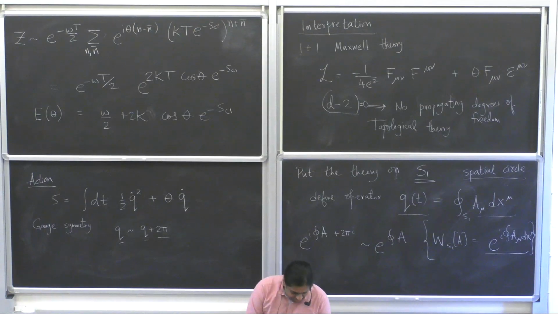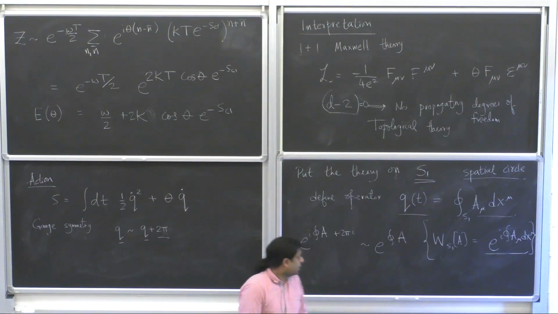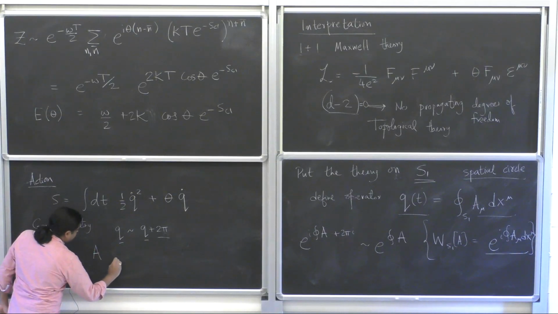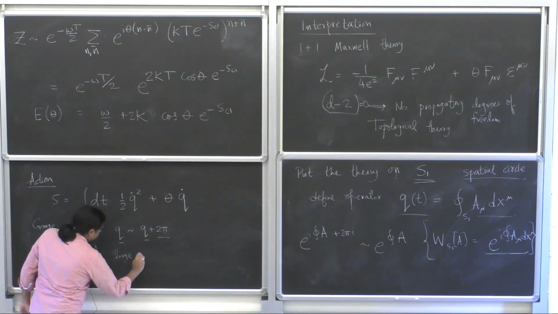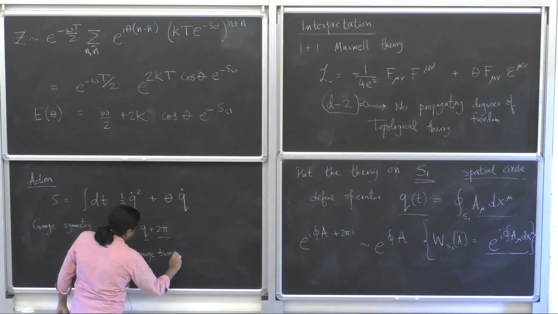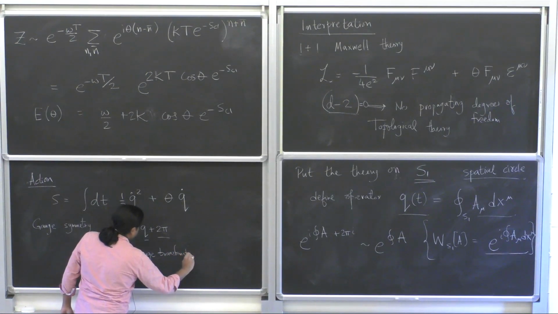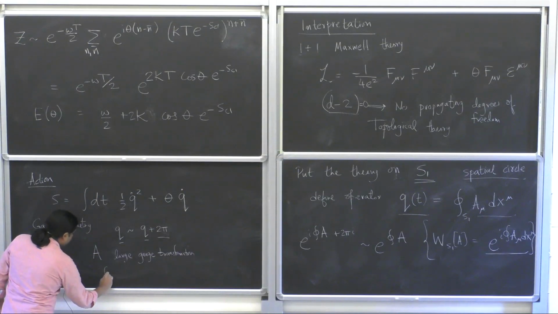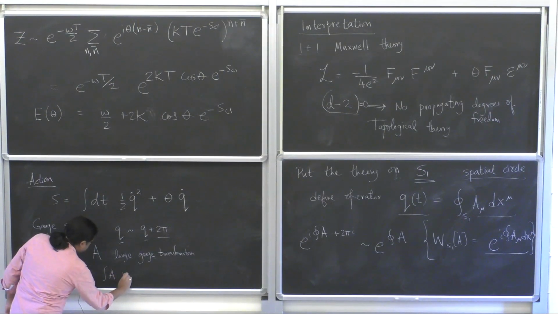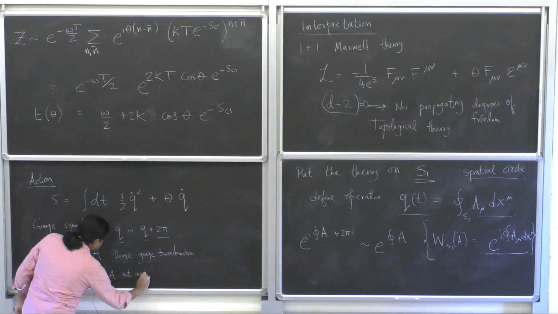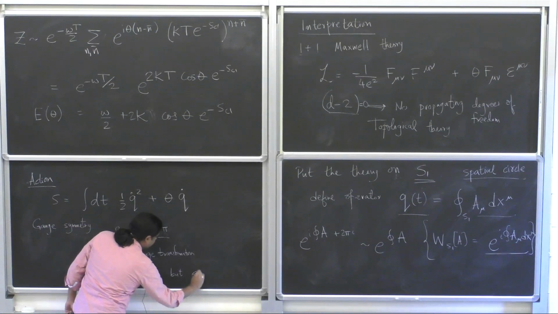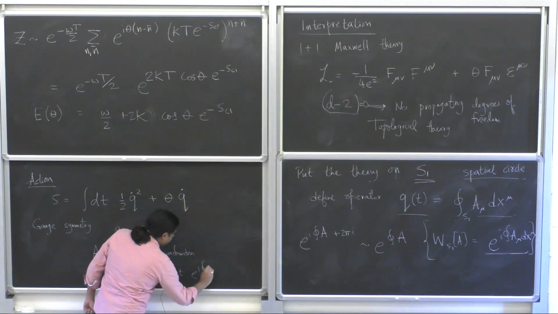Another way to say it is that our gauge theory had large gauge transformations under which the integral of A was not invariant, but the Wilson loop, which is the exponentiation of the integral of A, is invariant.